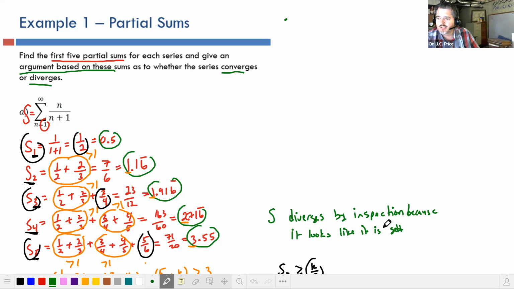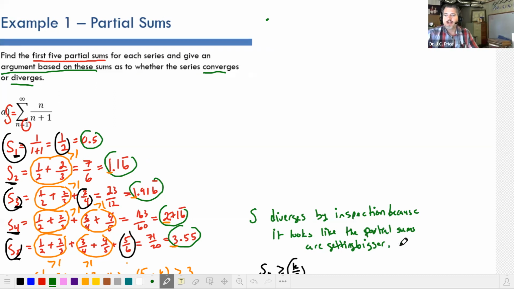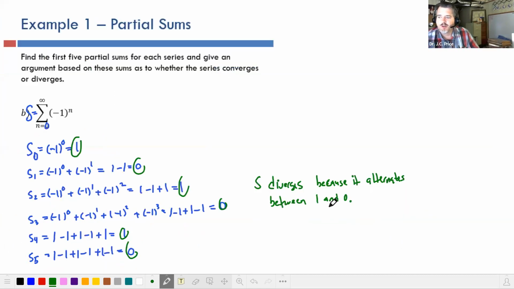I should say it looks like, because we could get confused with the series. There we go. All right, so we get a better explanation there if we want. All right, so back here, we can say S diverges because it alternates between 1 and 0. That's a fine argument, I think, just based on the partial sums.